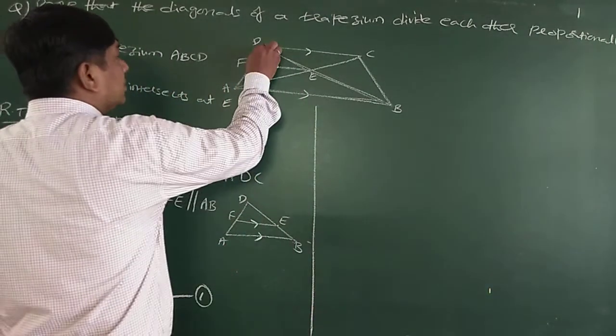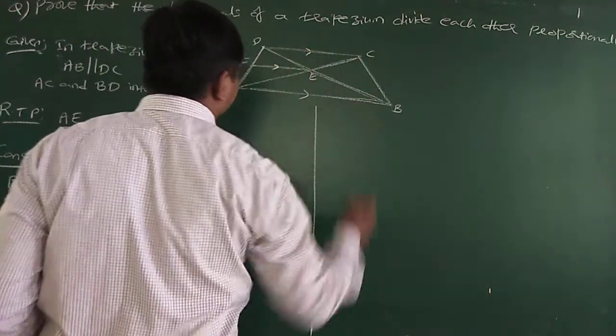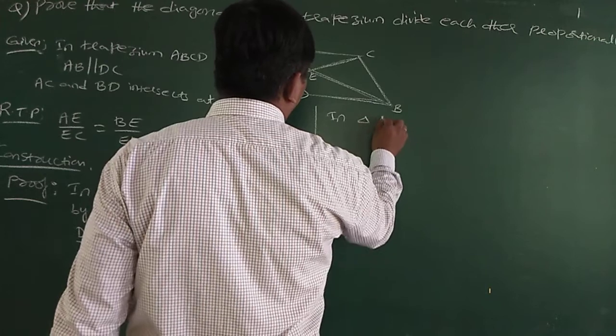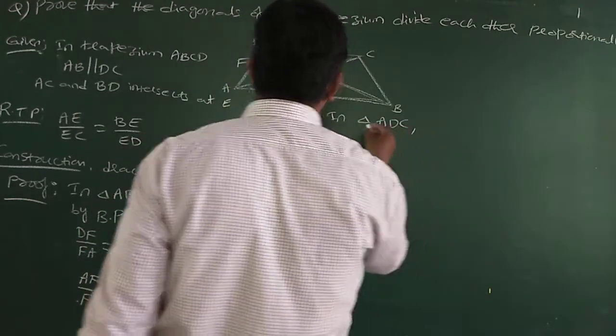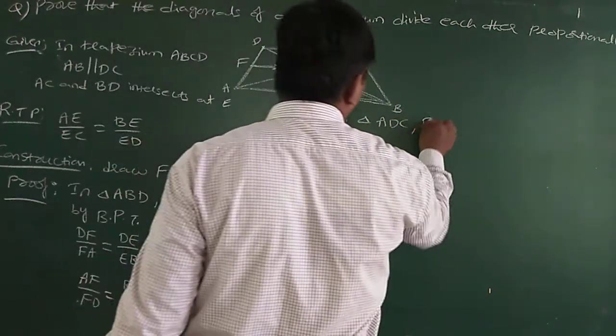Now take triangle ADC. In triangle ADC, FE is parallel to DC.